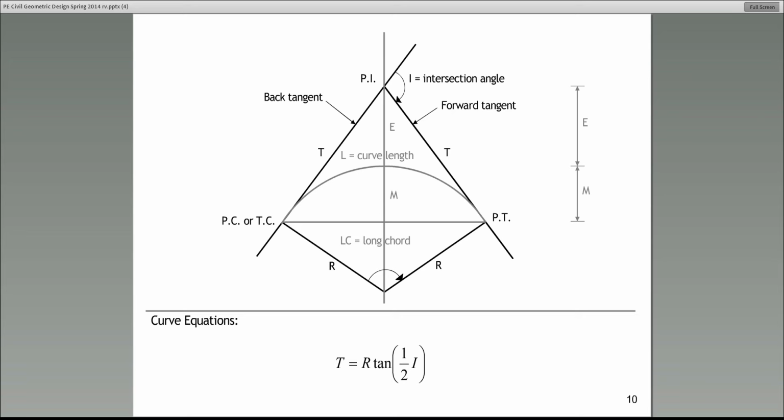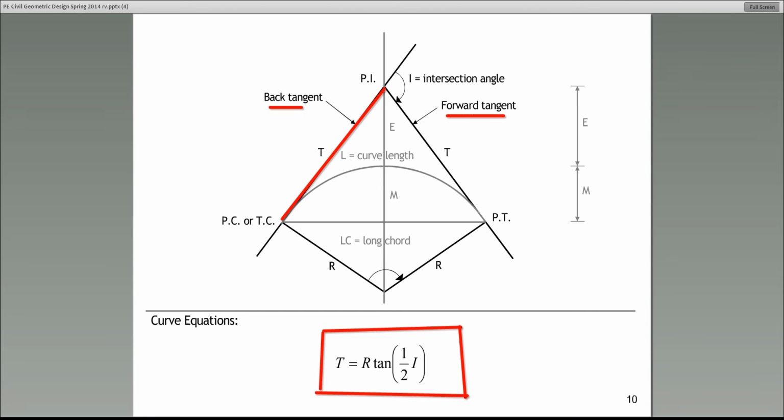All right, now, on slide number 10, the equation that we are looking at gives us a relationship between what I call the tangent. Remember there's a back tangent and a forward tangent.